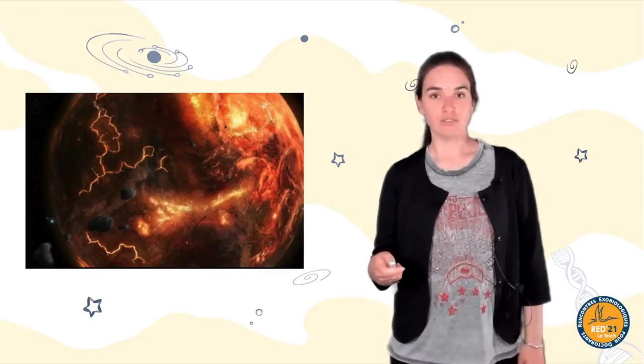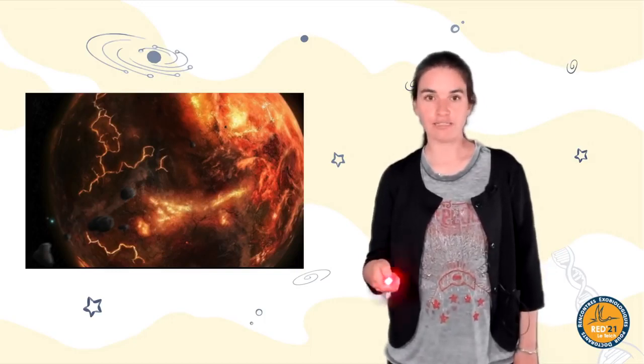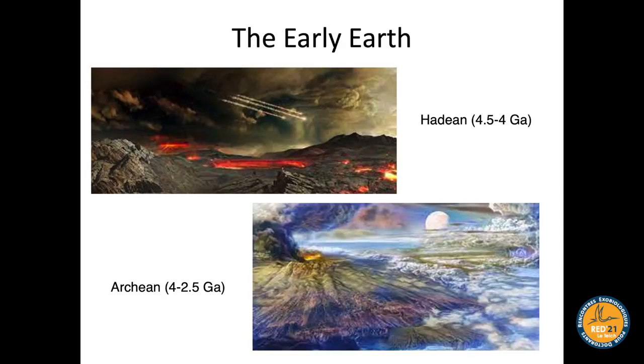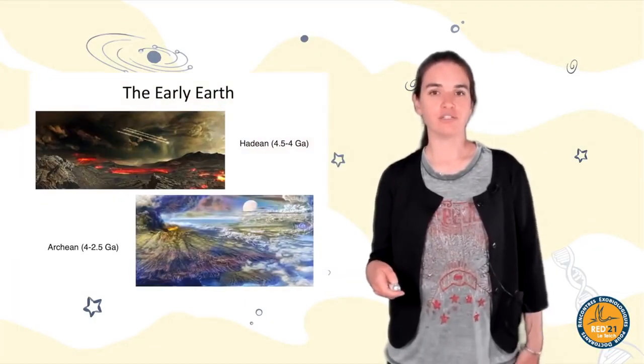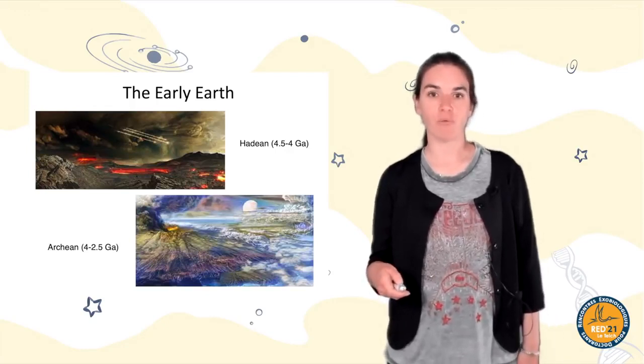But we know that during the early Earth, we are following a step from something that is very inhospitable during the Hadean, so during the first stage of the Earth's history, that you can also see on this artistic view on the top picture, with a molten lava lake, a lot of meteorites, and a very dusty atmosphere, so a very non-hospitable world.